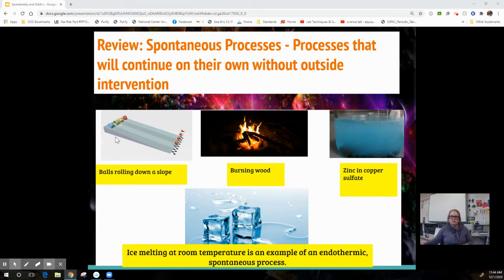However, this is also going to be considered an endothermic process because heat is going to be leaving the surroundings and entering the system, where the system is going to be the ice cubes and the surroundings are going to be the room. This is going to be an endothermic process, so it's going to have a positive enthalpy. But it's still spontaneous because the ice will just melt due to the temperature of the room.